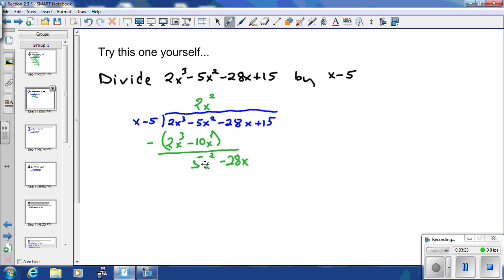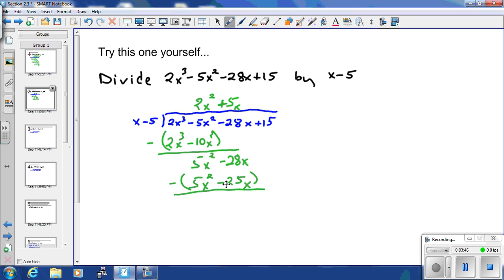X now into 5x squared goes 5x times, so I say plus 5x. 5x times x minus 5 gives me 5x squared minus 25x. And that's going to get subtracted. 5x squareds cancel.